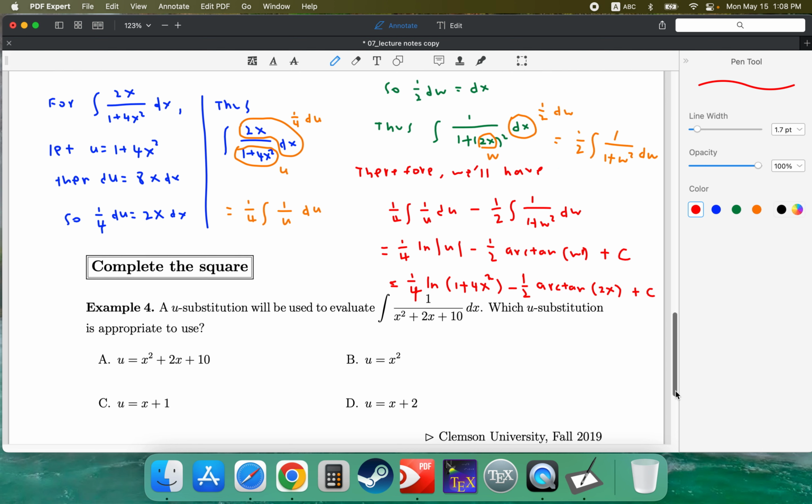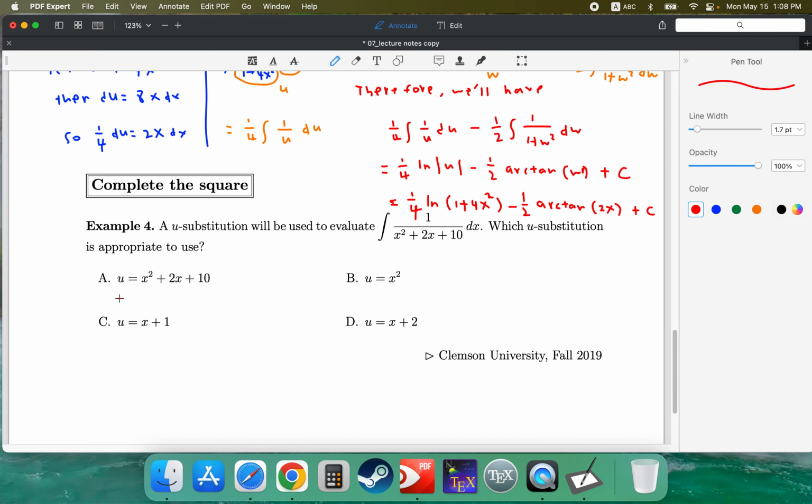You can set up u equals x squared plus 2x plus 10, and your du will be 2x plus 2. You don't have 2x plus 2 on top, and you will never get rid of 2x plus 2. Similarly, here du will be 2x. You don't have x on top. So that's why we don't choose A, we don't choose B.